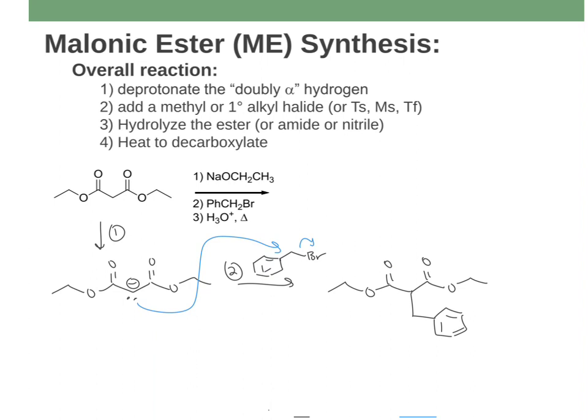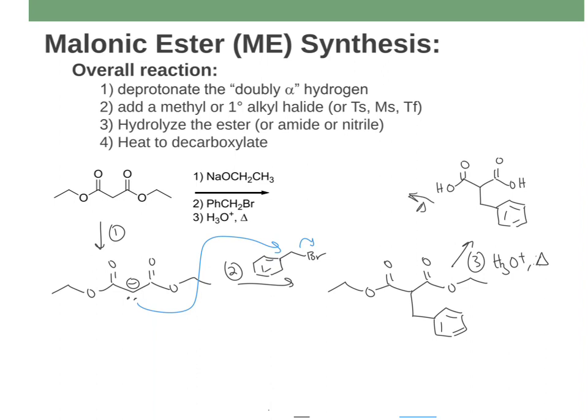And then again, step three, I'm going to do the hydrolysis. And so the idea is that as soon as you hydrolyze these back to carboxylic acids, I'll go ahead and draw that for us. So I have the 2 carboxylic acids.